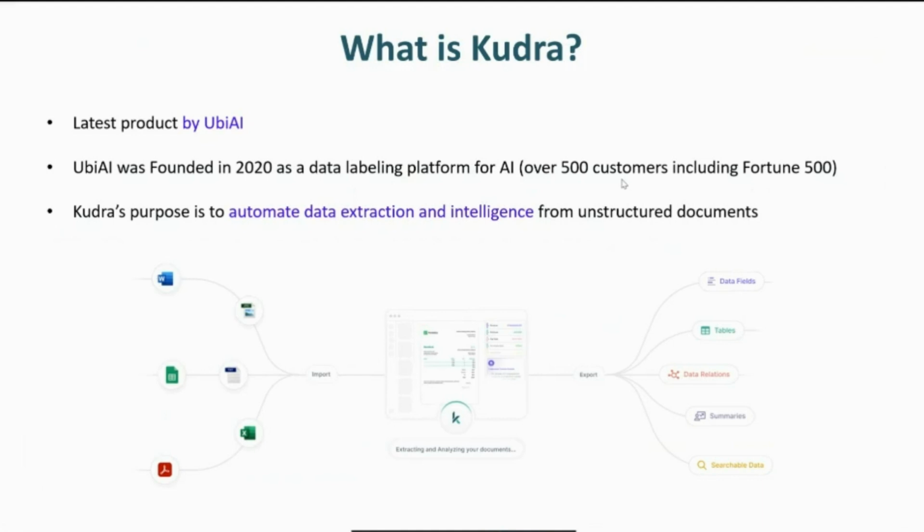Very recently, a couple of months ago, we developed this new application called Kudra with the purpose to automate data extraction and intelligence from unstructured documents, so any type of unstructured documents.